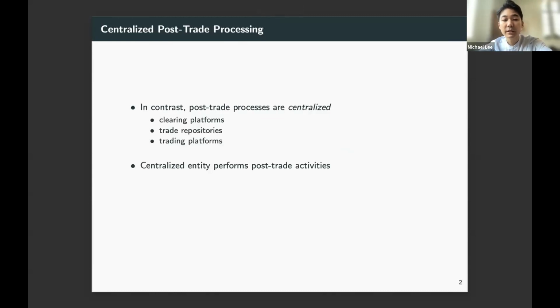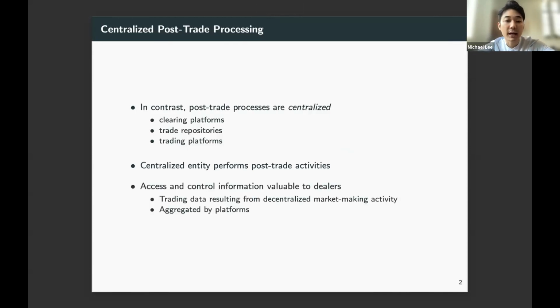These entities perform post-trade activities, and in the process, they're able to access and control information that's particularly valuable for dealers. A very basic and important example is trading data. When individual dealers are making markets, they submit trading data to these central platforms for post-trade reasons. This can be aggregated by platforms, and this forms the basis for a lot of market-level information that can be vital to dealers in their actual trading activity as well.